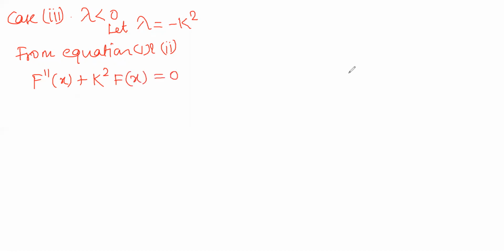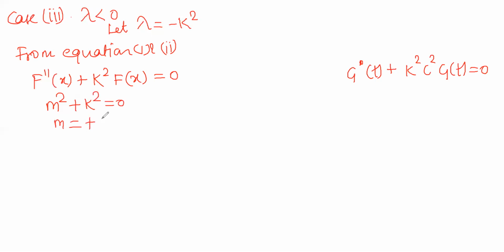This is 1, and then g dot of t plus k squared c squared g of t equal to 0. This is equation 1 and equation 2. Now let us solve them. By the operator method, I'll be getting here m squared plus k squared equal to 0. So that will give me m equal to plus or minus k i.